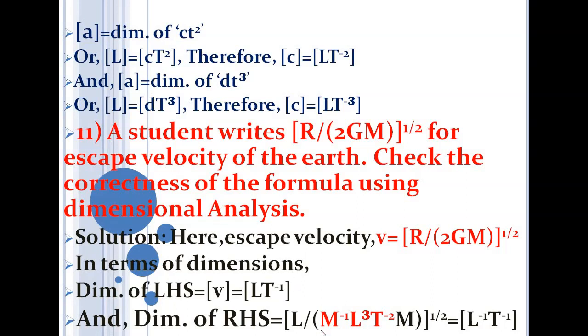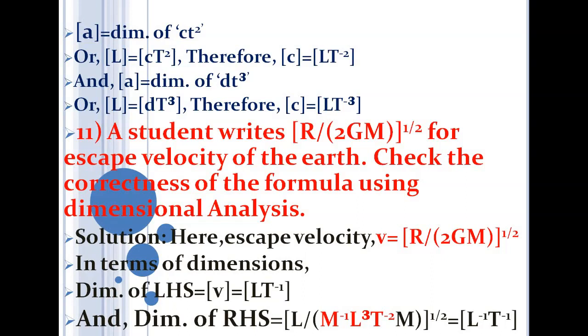G has the dimension M^-1 L^3 T^-2, and M is the mass, which has the dimension M. Simplify it: M cancels, and the remaining quantity simplifies to L^-1 T^-1.